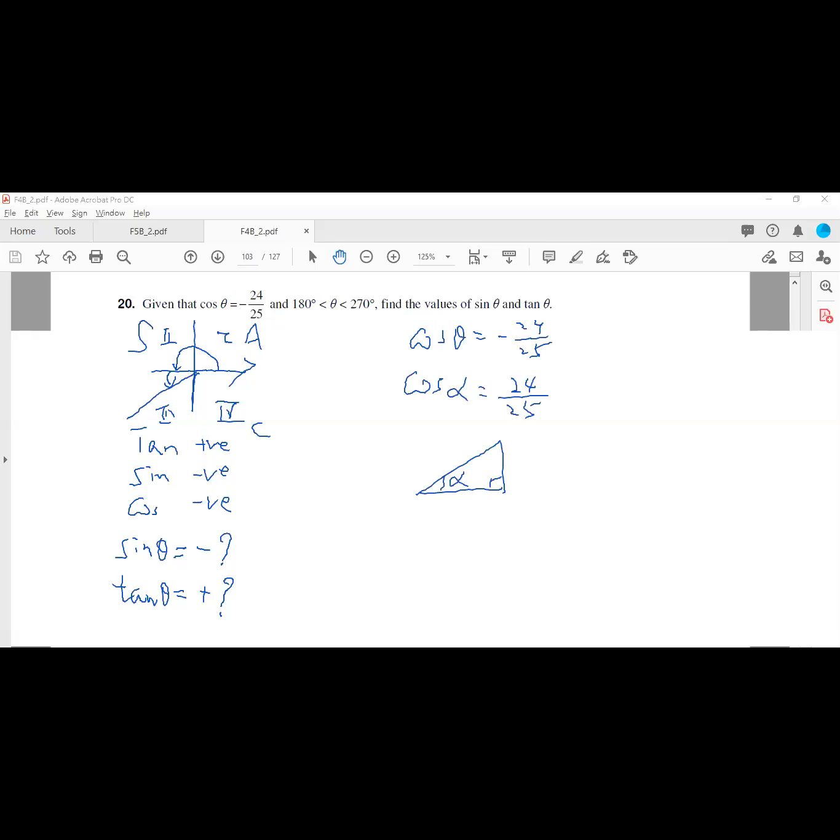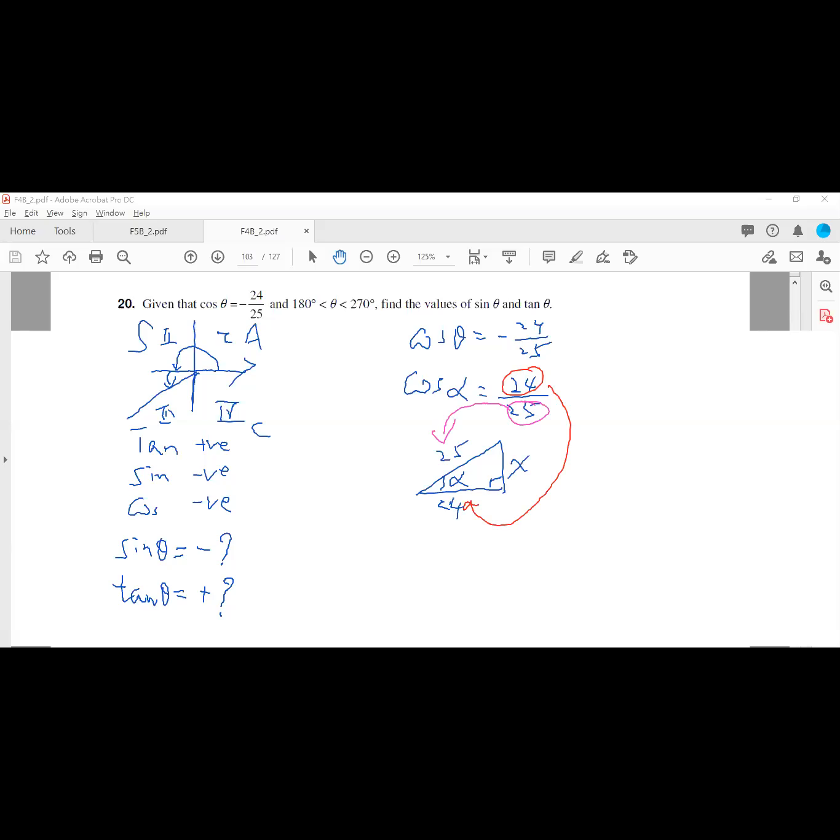Because it is cosine, cosine is adjacent side over hypotenuse. So the 24 will be the adjacent side, and the 25 is the hypotenuse. Then we will let x be the third side.